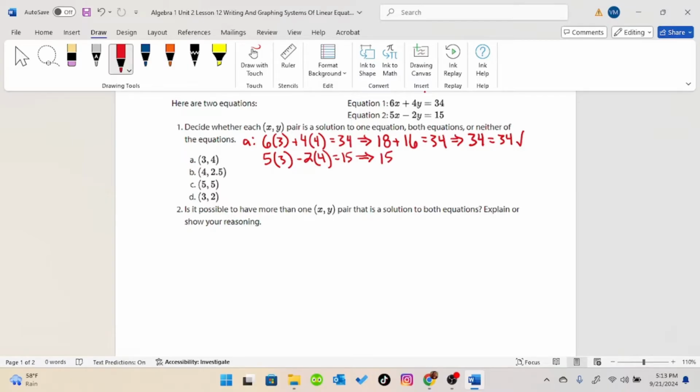Negative 2 times 4 is negative 8. 15 minus 8 equals 7. 7 does not equal 15, so it solves the first, but not the second.